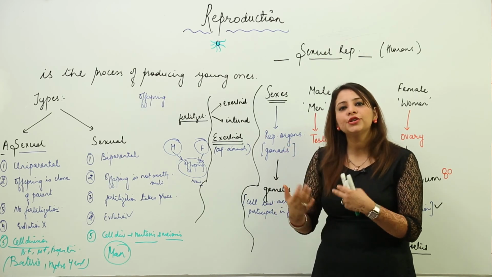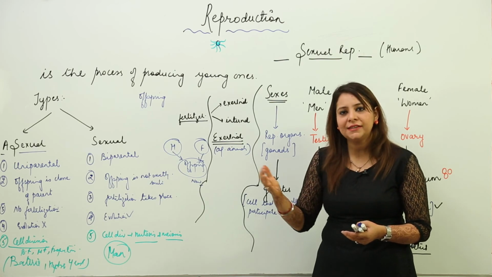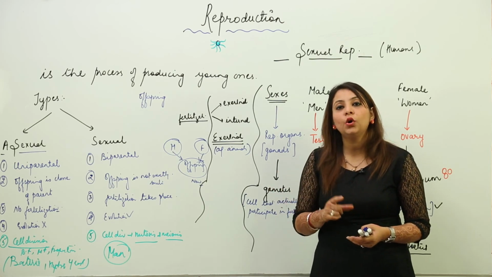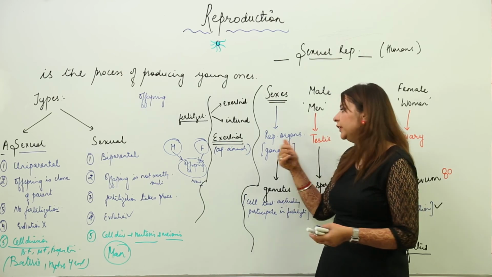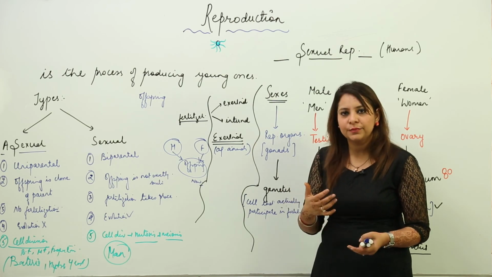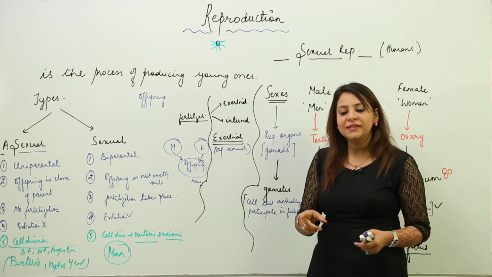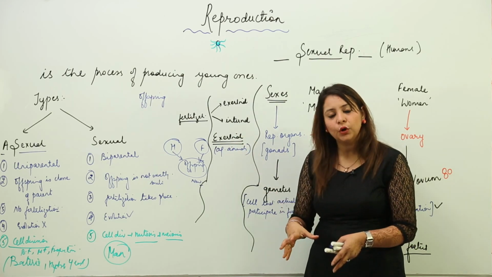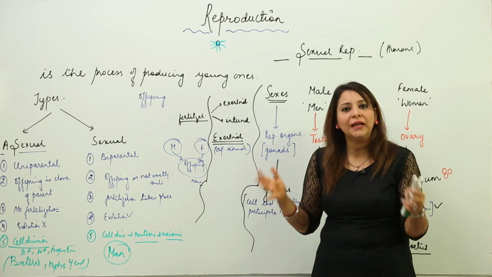Then the zygote undergoes a series of changes, that means developmental stages, and those developmental stages are called larva. But larva is not seen in the case of internal fertilization. There the developmental stages are something else, because it occurs in the parent's body. But in external fertilization, the zygote is produced in the water, undergoes developmental changes again in the water, and the parents have nothing to do with it.